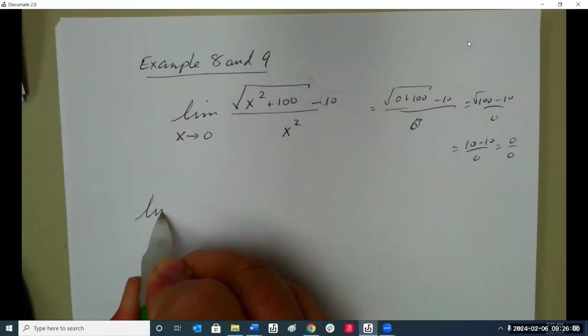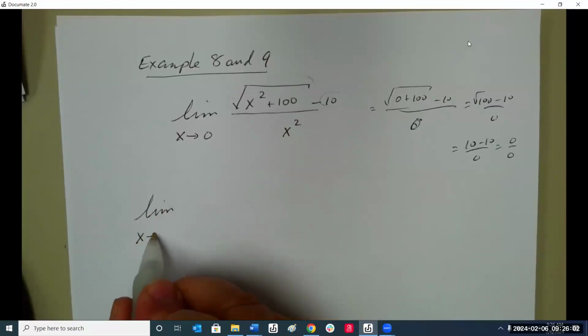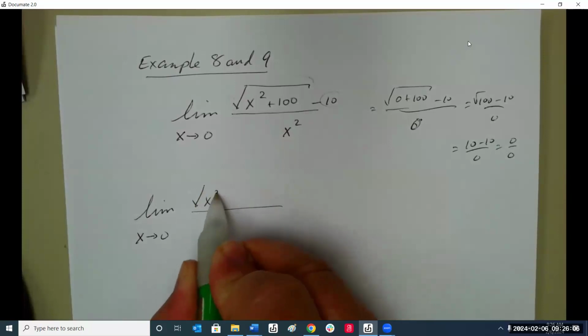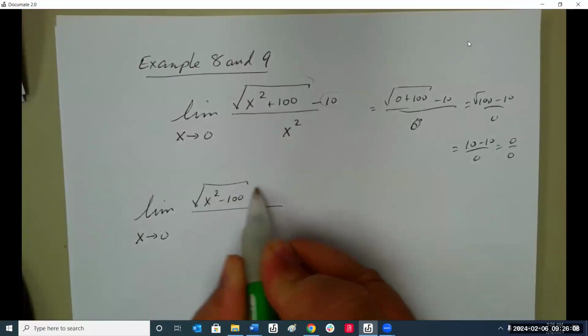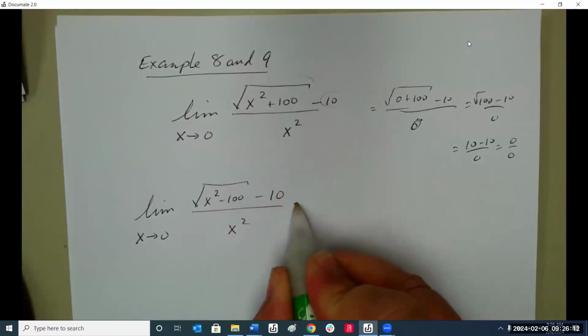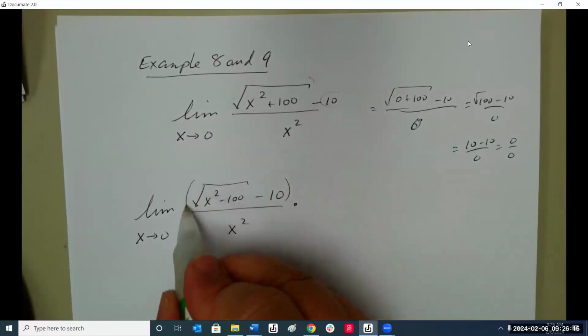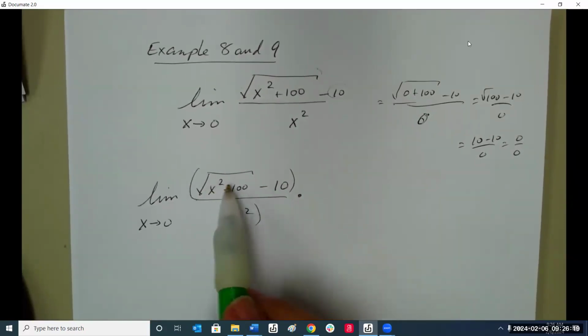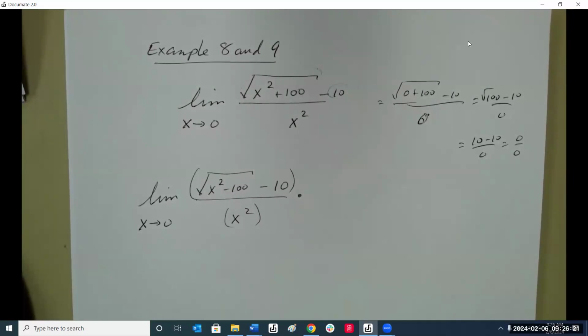So whenever you have that, multiply by the conjugate of wherever the radical is. What is a conjugate?